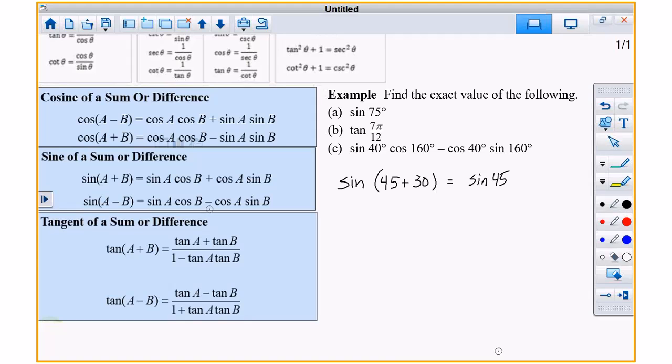So it's sine, cosine, cosine, sine. Now you just bring out your special angles. And we've got the 45-degree angle. 1 over the square root of 2.